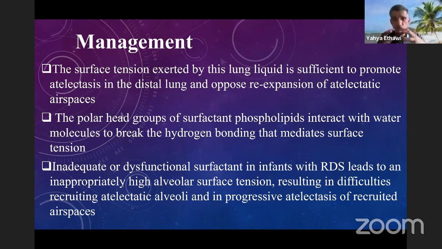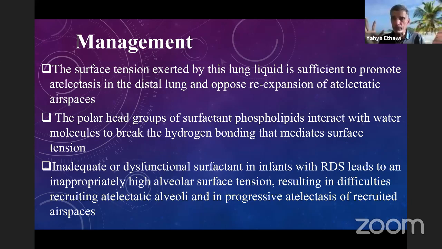The surface tension is improved and protected by the presence of surfactant. We know that absence of surfactant causes atelectasis. And we know surfactant, even if it's atelectatic, will cause re-expansion. Why? How is that? You know the surfactant is bipolar.